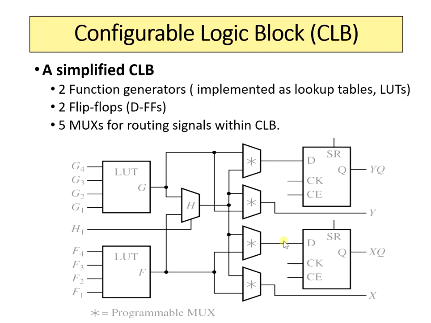The select inputs to the muxes are programmed when the FPGA is configured. For example, the X output can come from the F function generator and the Y output from the H multiplexer.